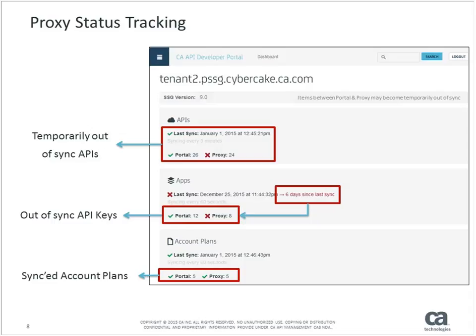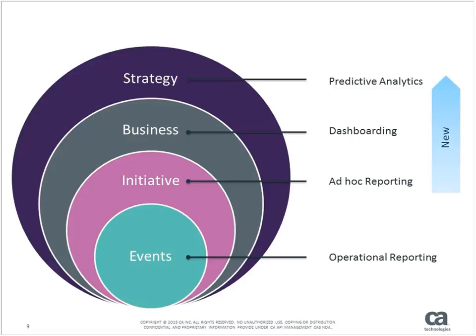What we've done now is we've extended that into more of the business reporting realm. And the first thing we've looked at is ad hoc reporting. So the first comment we got back was, this is terrific, you give me good information about what's happening right now, but what about other elements in my initiative? Can I look at those? And what we've done is we've given you the ability to create any ad hoc report you want, even reports on things that don't even make sense.